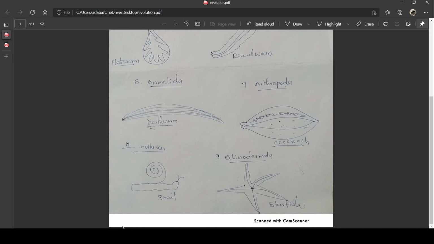At the same time we have to remember one thing: in arthropoda, the anterior cavity contains the tube-like structure which is also considered as the heart. Anterior part of the body, anterior cavity, the first chamber, it contains the tube-like structure.